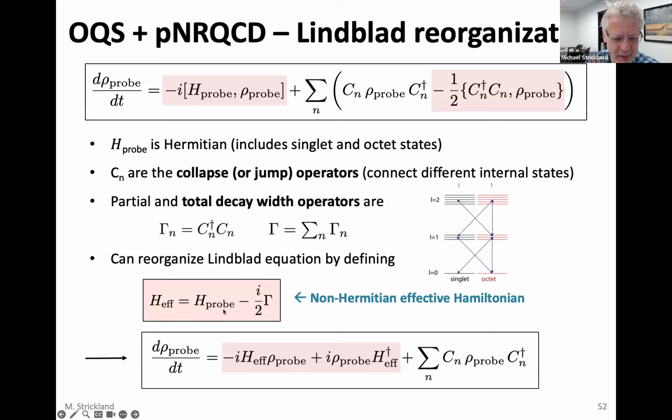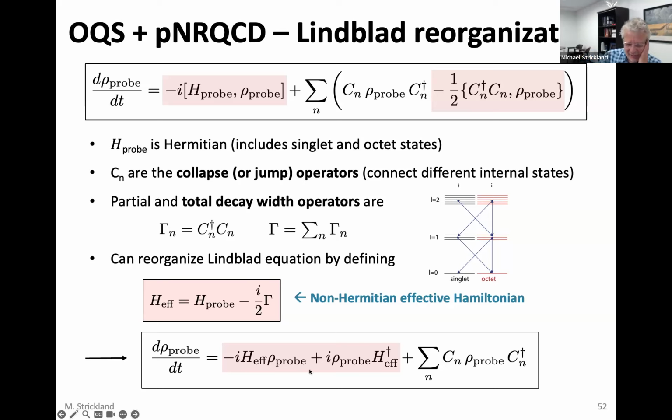This probe thing is purely real. And then I get something that would look like my commutator term, but now because the Hamiltonian is non-Hermitian, there's an H dagger here, and H dagger is not necessarily equal to H. And then I have this leftover term that's sitting here.